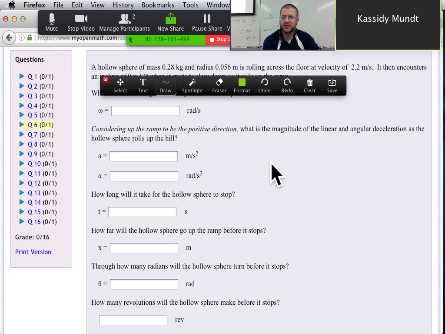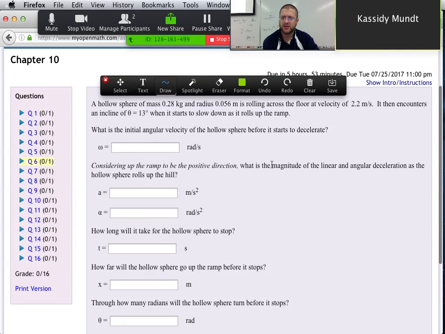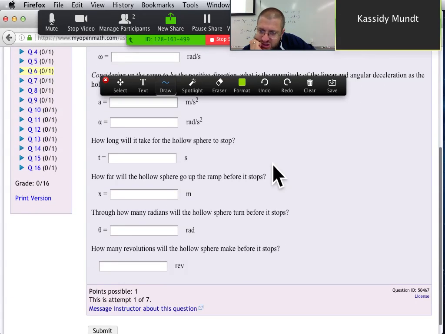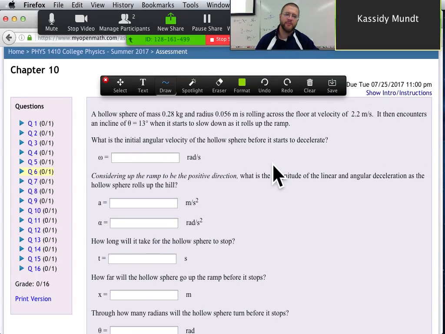You can probably use geometry to do it, because this is another thing that we talked about.